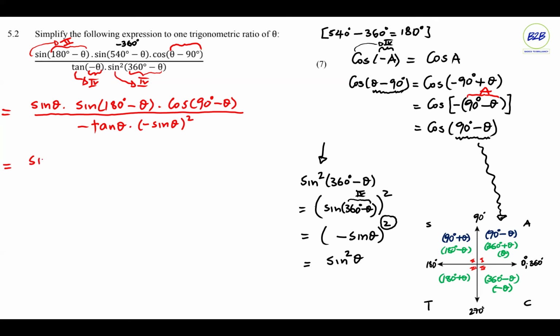Then we have sine theta. This angle, 180 degrees minus theta, represents a second quadrant, and sine in the second quadrant is positive. So we have sine of theta. And then times this angle, 90 degrees minus theta, is in the first quadrant.